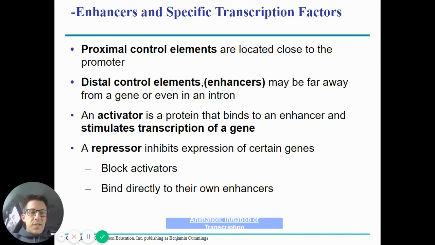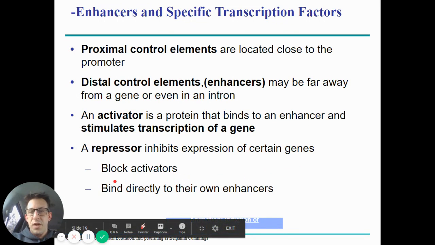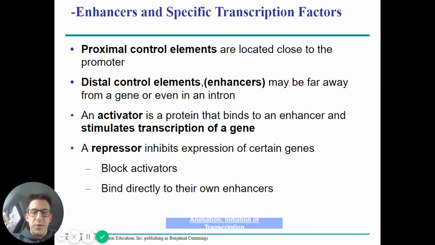An activator is a protein that binds to an enhancer and stimulates transcription of a gene, and a repressor inhibits the expression of certain genes by blocking activators. They can actually sit in the enhancer region and kind of block the activators from doing what they're supposed to do, okay? So we've got two ways here of regulating gene expression.